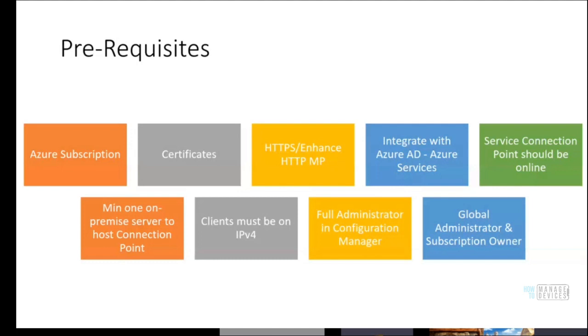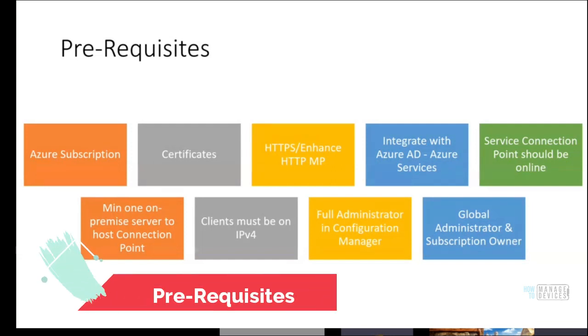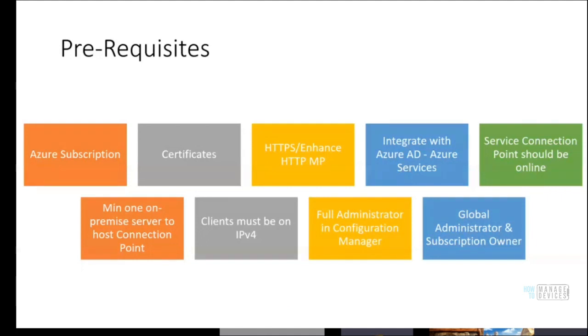Integrate with Azure AD. That is one of the important things, where you need to add Azure services. You need to create the server app and client app. So what is this server app and client app, and where is it used? When you deploy a cloud management gateway, you will be signing in with your Azure Global Administrator permission, and you will be creating a server app.